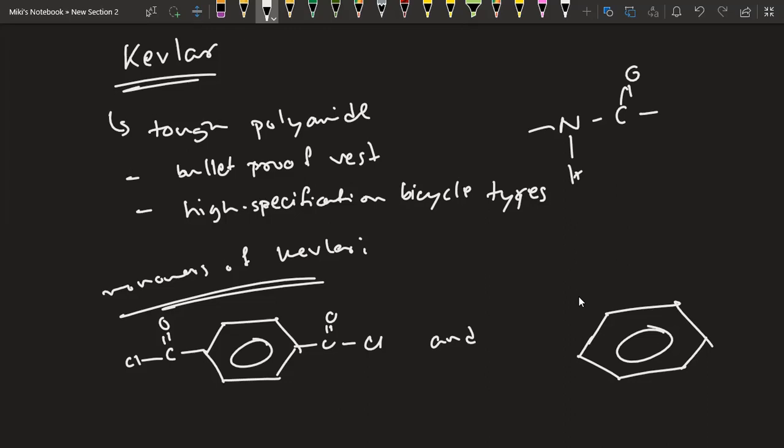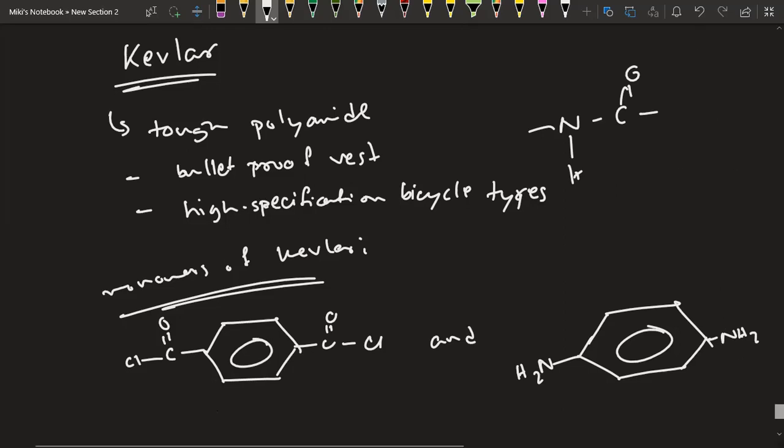But here, in condensation polymerization, one little compound is eliminated and two different monomers are used to form a polymer. Okay. Now, this is our diphenylamine, and this is diacyl chloride, but with a benzene in the middle. Okay.